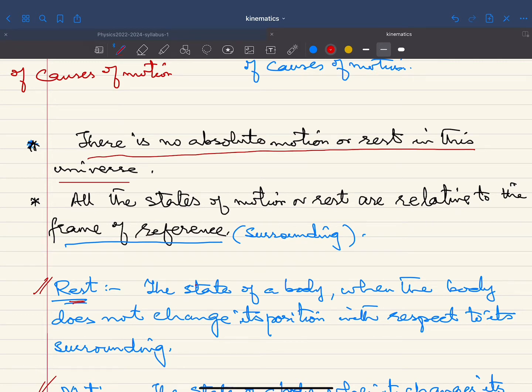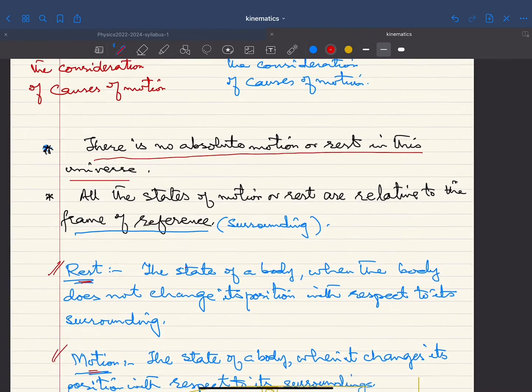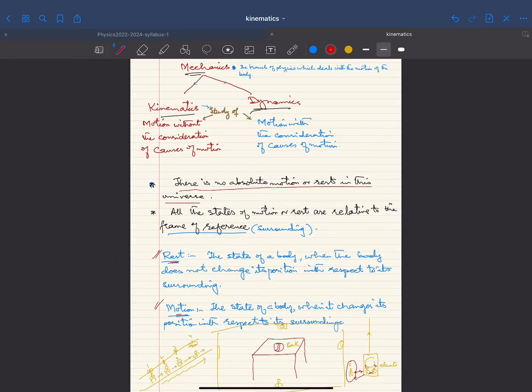Then we can say that all states of rest or motion are relative to the frame of reference and its surrounding. What is the frame of reference? Basically, it's a surrounding. Remember, these two statements are very, very important statements of physics, and when you start mechanics, you have to understand these two points.